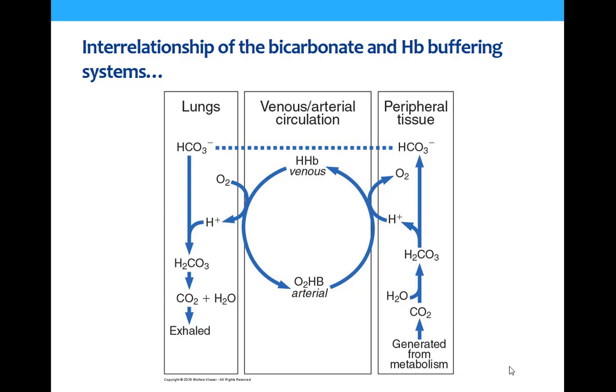So hemoglobin can bind to this extra H plus, and in the lungs what hemoglobin does, when there is oxygen rich environment, it takes this oxygen, becomes oxyhemoglobin loaded with oxygen. When this happens, hemoglobin gives off H plus, which is what it was carrying. It becomes oxygenated, gives off H plus. This H plus combines with bicarbonate, becomes carbonic acid, breaks down to CO2 and H2O, and this CO2 is now easily exhaled by the lungs.